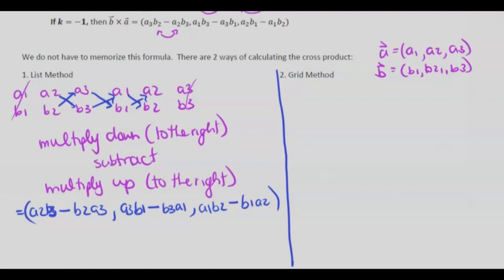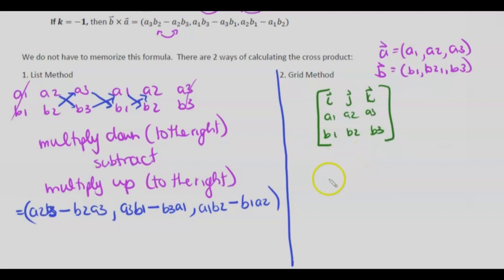The second approach is the grid method. This I used in university. This is in component form. So we would have vectors I, J, and K to be the titles here. And then we have A1, A2, A3, B1, B2, B3.